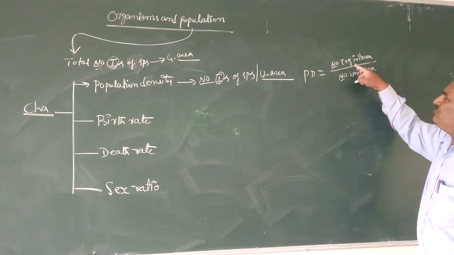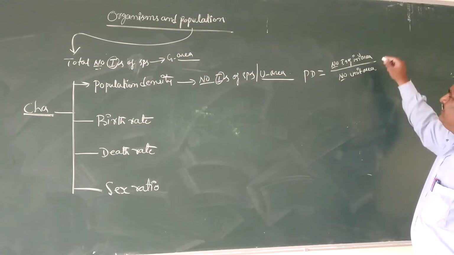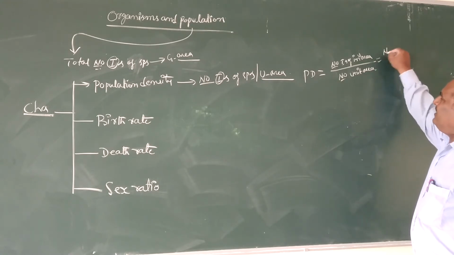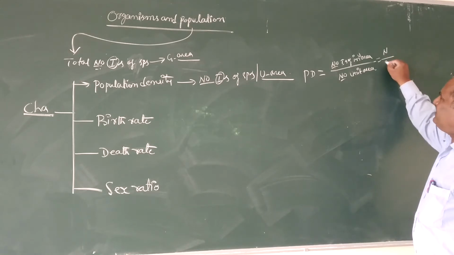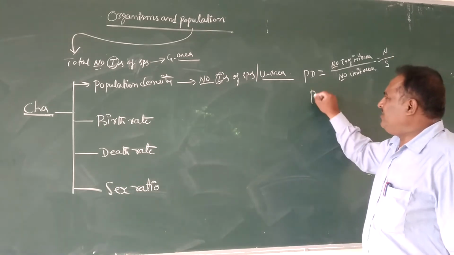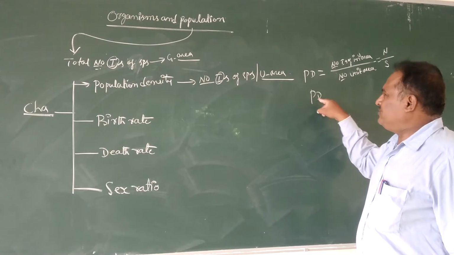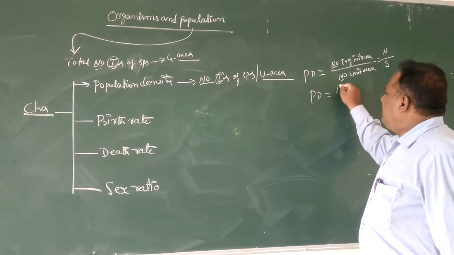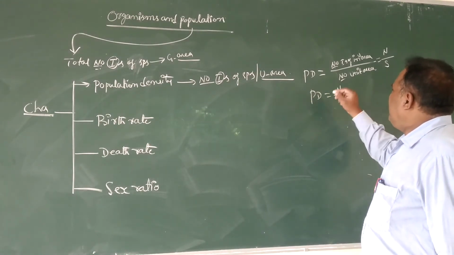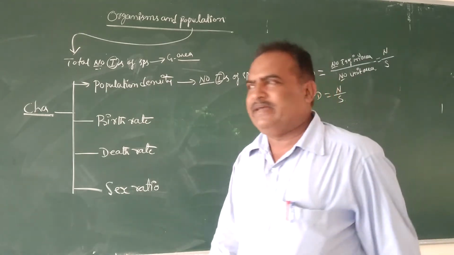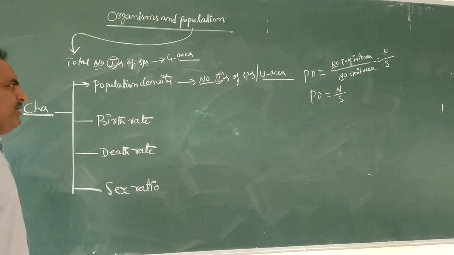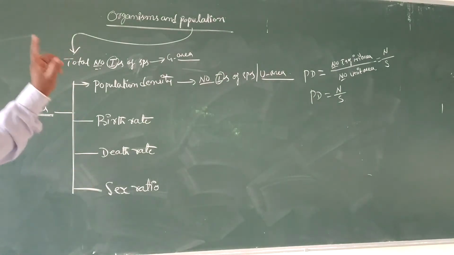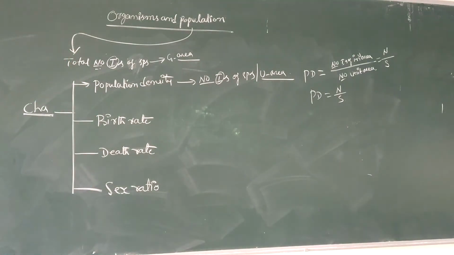Here the number of individuals in a unit area is denoted as n, and the number of unit areas is S. So PD, population density, is always equal to n by S. The number of individuals of a species per unit area is called population density.